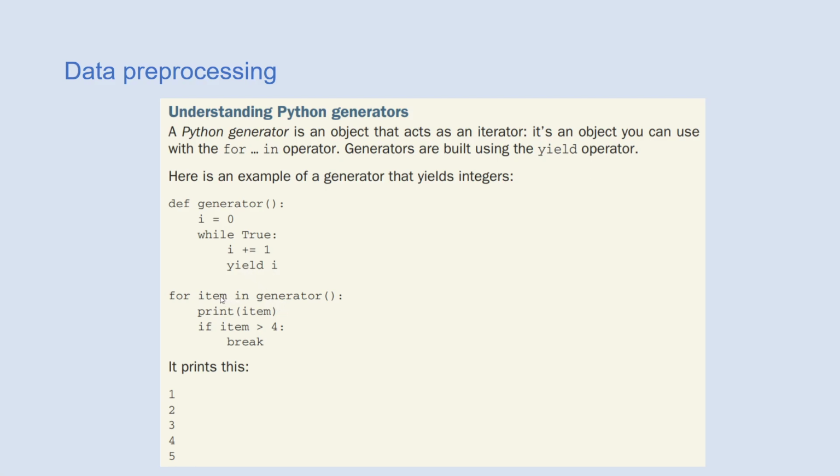It behaves like a return. You get the value, you print it, and then you go for the next cycle, call the generator again, but instead of going from the start, it's going to go from the place where it stopped last time, where it yielded. So it's going to go again to the loop, increment to 2, return 2, and you're going to get a 2 in here. So that's how a generator works.